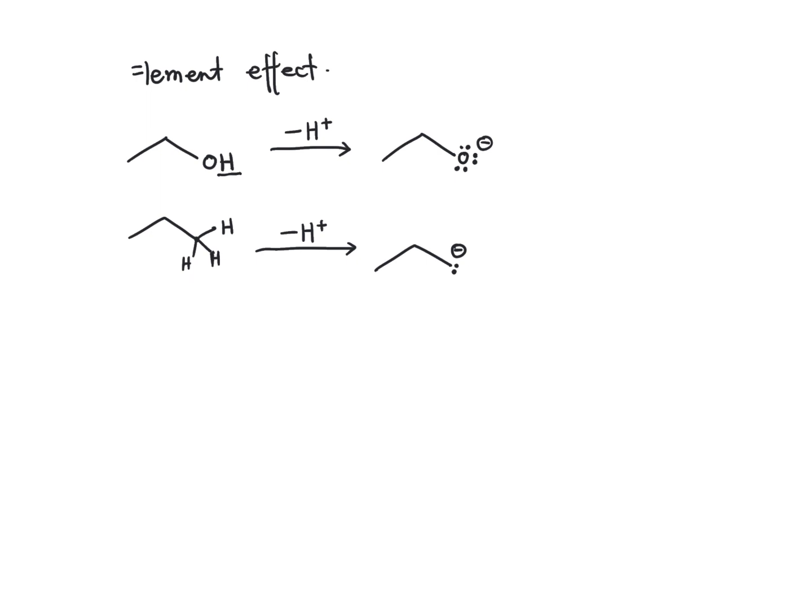So in this case, what we have here is a lone pair on oxygen and a lone pair on carbon. Oxygen is more electronegative. That means it can stabilize the negative charge better. So that gives you a more stable base.